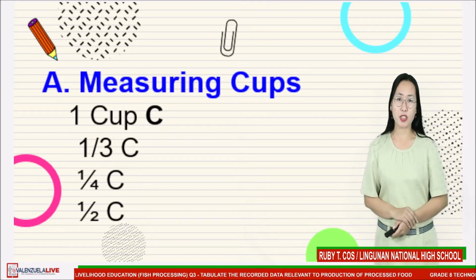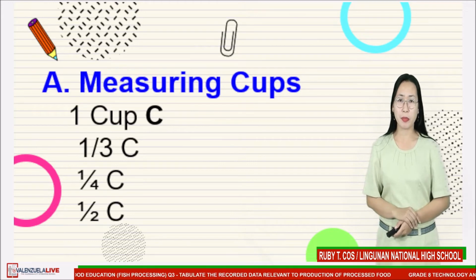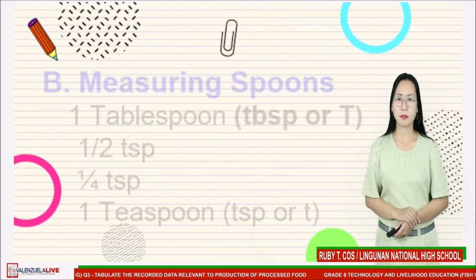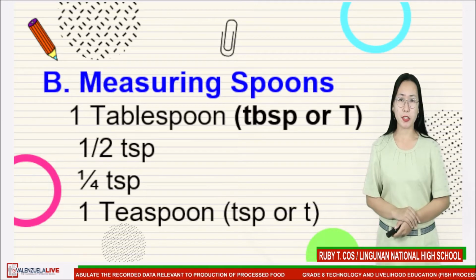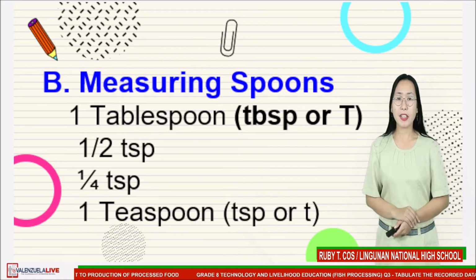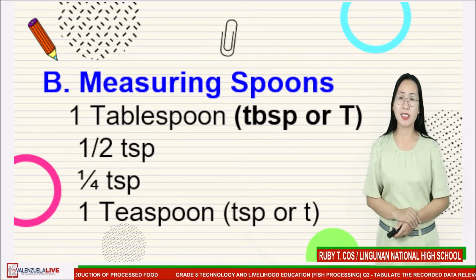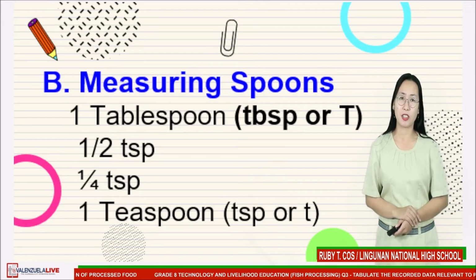For our measuring cup, we have the measurement of 1 cup, 1/3 cup, 1/4 cup, and a 1/2 cup. For our measuring spoons, we have 1 tablespoon, 1/2 teaspoon, 1/4 teaspoon, and 1 teaspoon. A clear glass measuring cup is necessary to get precise liquid measurements.